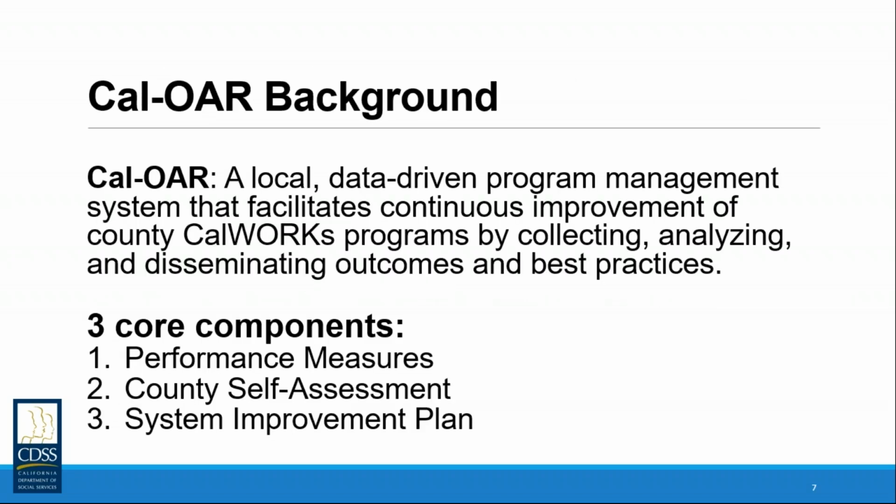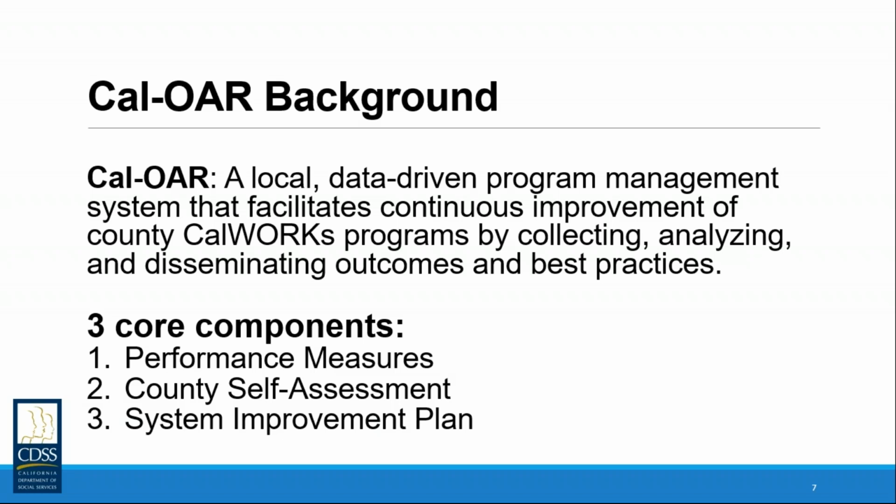Thank you, Alana. So for those of you that are not familiar with Cal-OAR, Cal-OAR is a CalWORKs Outcomes and Accountability Review, a new local data-driven program management system that facilitates continuous improvement of county CalWORKs programs. Through the Cal-OAR effort, counties, in partnership with CDSS, will critically assess their CalWORKs program goals, successes, and areas for improvement.